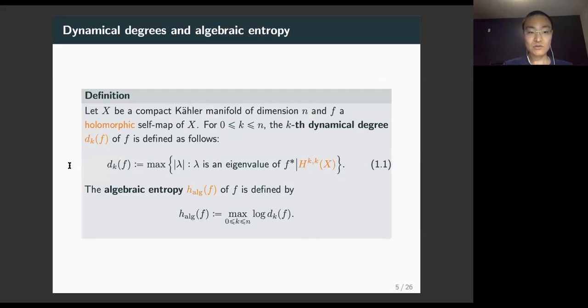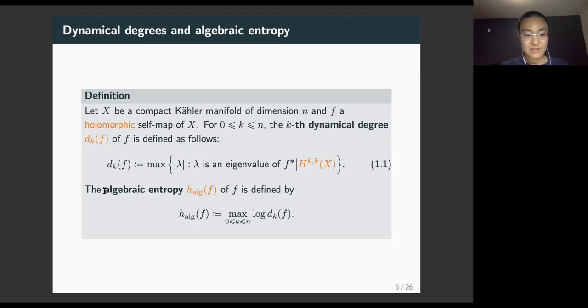Okay, so now I give you the definition of the k-th dynamical degree. In this setting, X is a compact Kähler manifold, f is a holomorphic self-map, then the k-th dynamical degree, denoted by d_k, is just the spectral radius of this f star on H^{k,k}. So it's the maximum of the absolute values of eigenvalues.